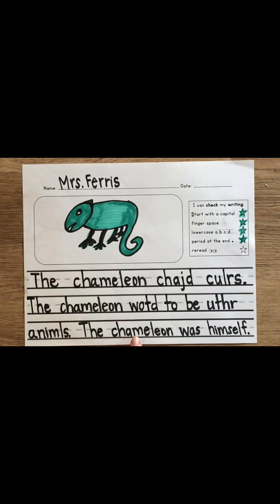The chameleon was himself. Writers, I just reread it, and if you reread it a little bit slow, that's okay. You can reread it 2 or 3 times over again to make your voice sound smooth.